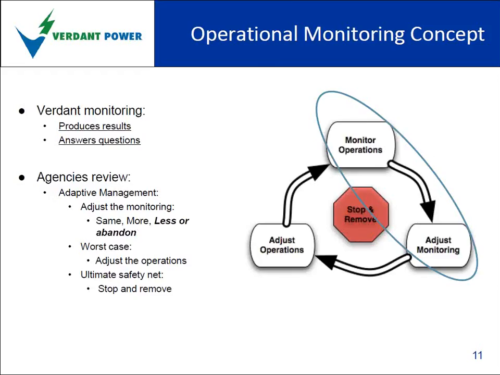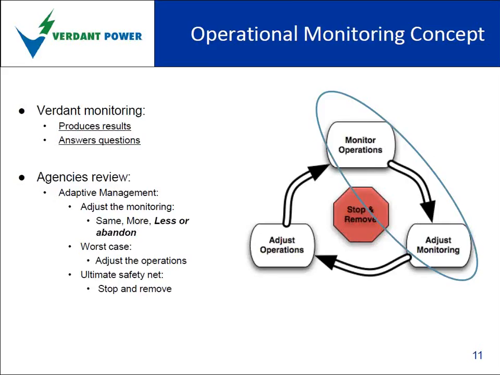And so what we're trying to do is continue monitoring the array, producing results, and then work through an operational monitoring concept that essentially monitors the operations and adjusts the monitoring.